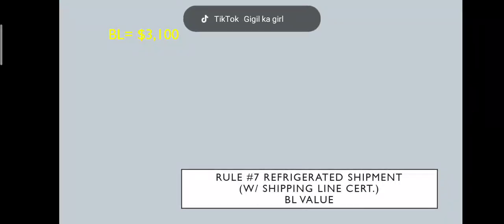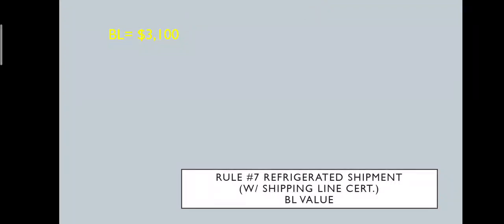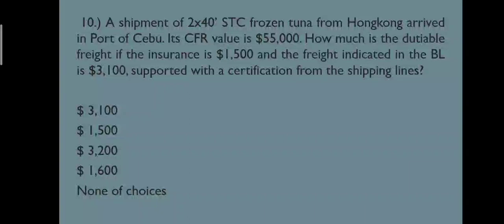Since there is a given bill of lading with a shipping line certificate, it is automatic: the bill of lading becomes the freight. The answer is $3,100.